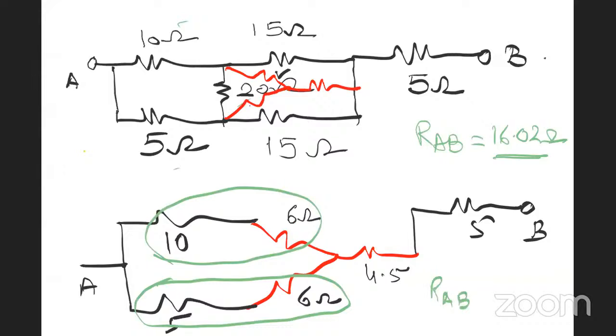If you find out here, your answer will be 16.02 ohm. Same answer. It has to be the same. So understood, students, whether you convert that delta to star or this delta to star, your answer is going to be the same.